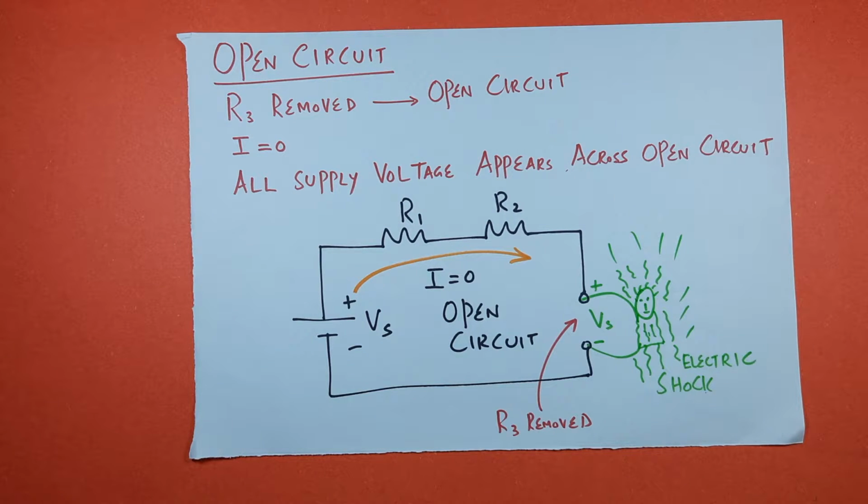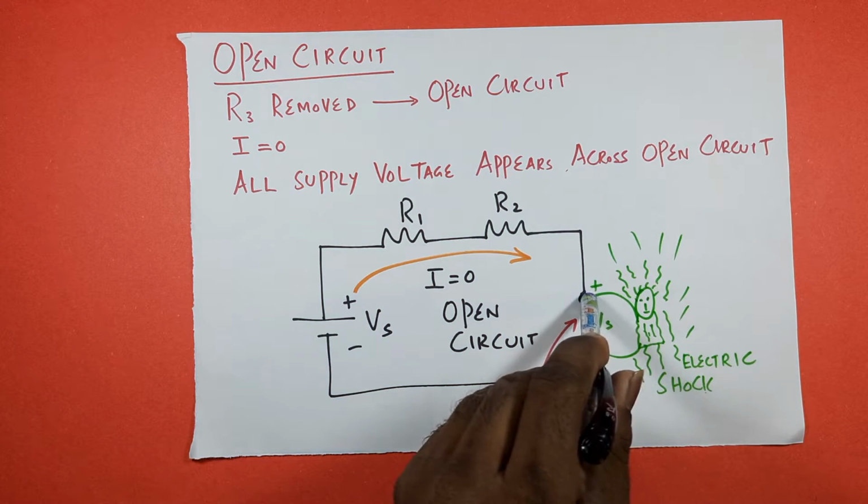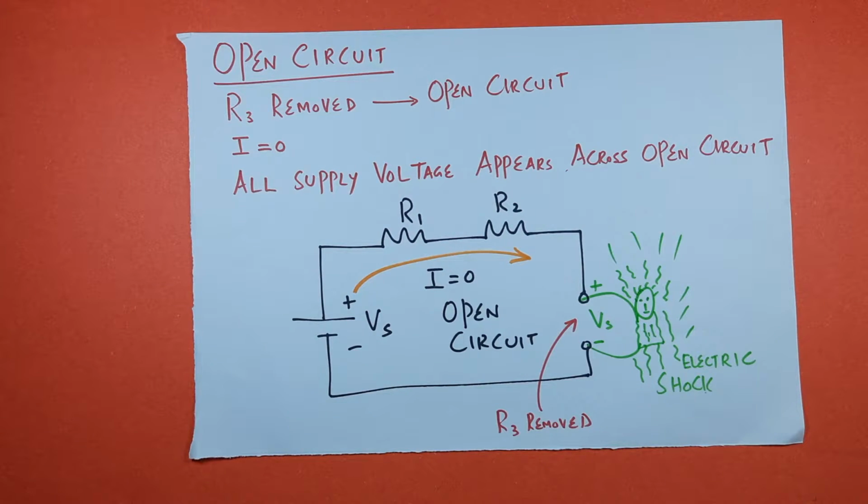In case the supply voltage is high, say around 200 volts, for example. If you touch these two points, open circuit, assuming that current is zero, if somebody says there is no current in the circuit, if you touch the two points, the entire 200 volts will appear across this.